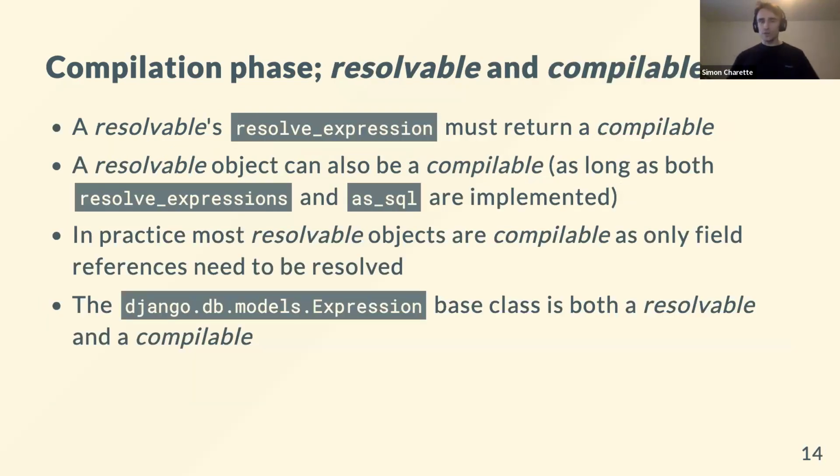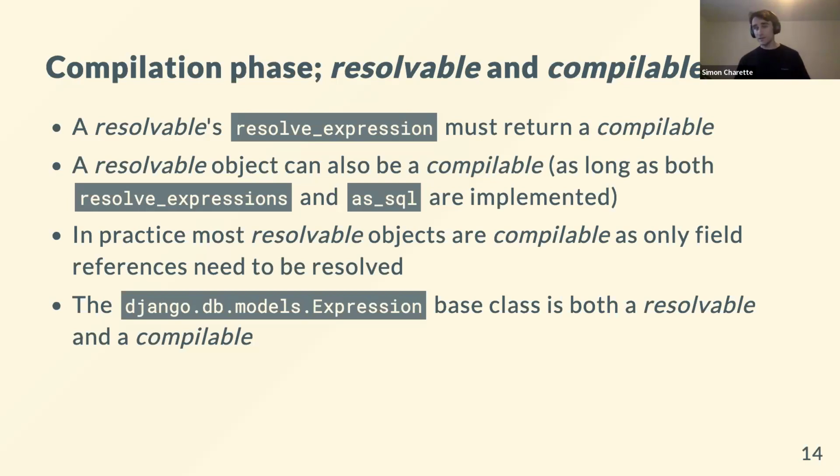So we touched a bit on it, but how do resolvables and compilables relate to each other? So a resolvable's resolve_expression method must return a compilable. A resolvable object can also be a compilable. So it's possible to define a class that implements both protocols, that has both resolve_expression on it and as_sql on it.